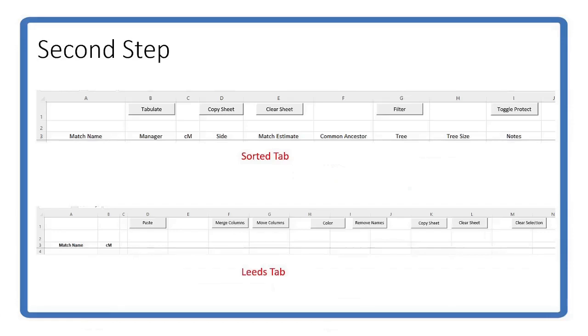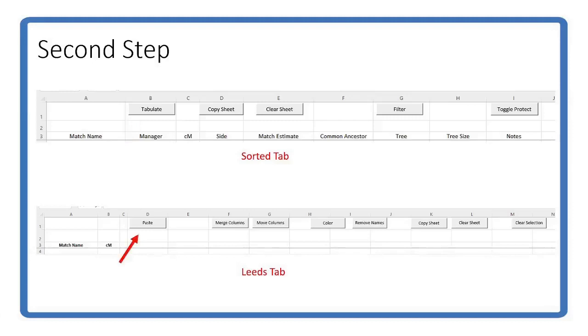Now the second step then is to put this information into the spreadsheet, and as I said, there are 2 tabs, the sorted tab and the leads tab, and you can see various buttons here. So on the sorted tab, all you would need to do to tabulate the data now is to press the tabulate button, and that puts the information into that sheet.